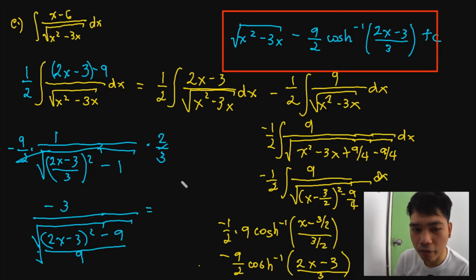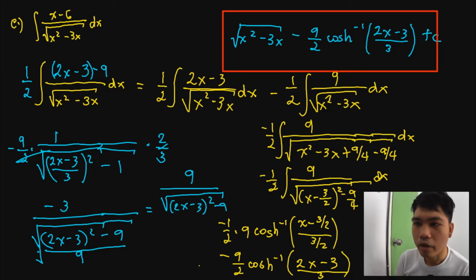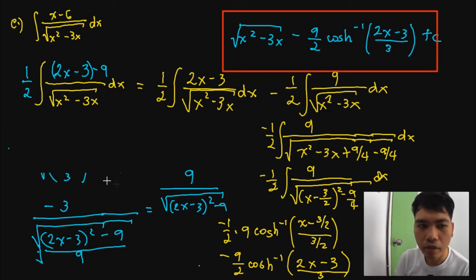So with this, we can just say na magiging 9 over the square root of 2x minus 3 squared and then minus 9. Now I'll just be using this expression naman to simplify further, kasi yung ating expression is given in terms of x squared minus 3x, which we need to simplify further.